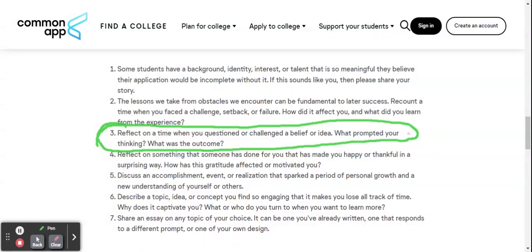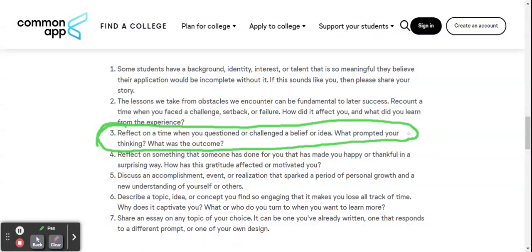In this case, I think it's less about the external conflict and more about the internal conflict, because it's really sort of you versus yourself.